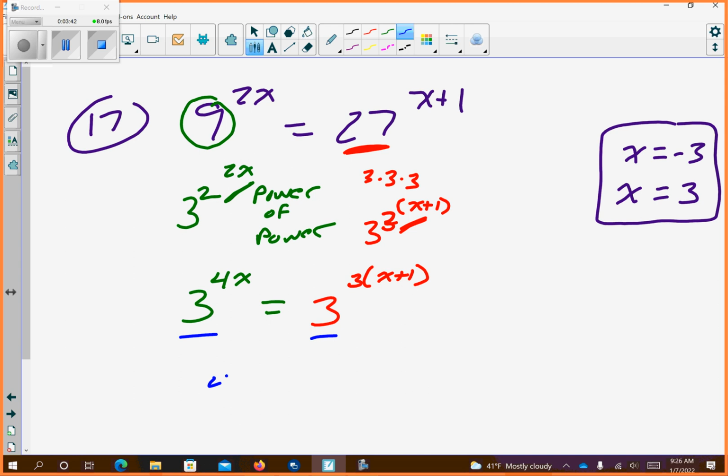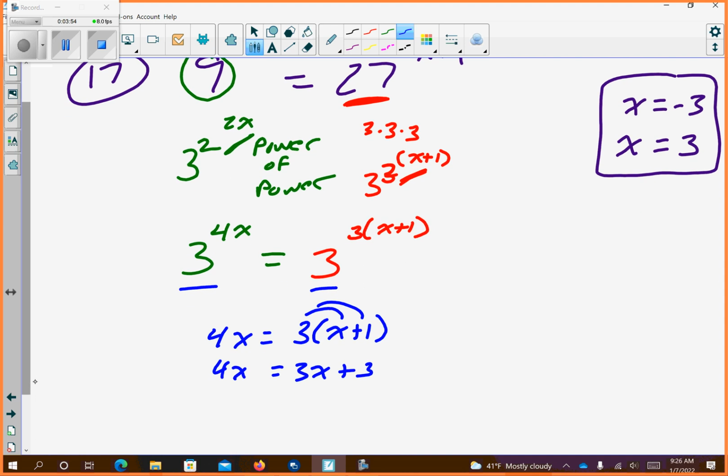So we can say, well, 4x is equal to 3 parentheses x plus 1, distribute 3 over. So I get 4x equals 3x plus 3. So if I subtract 3x from both sides, I get x is equal to 3. So this verifies that this was the answer.